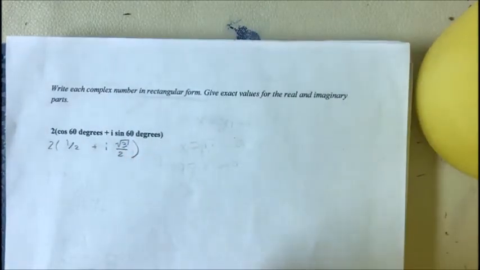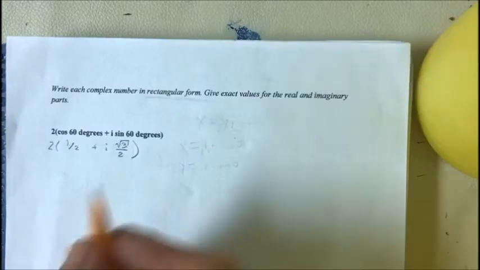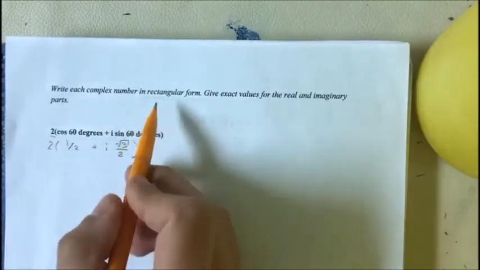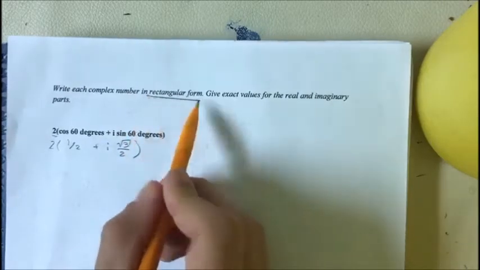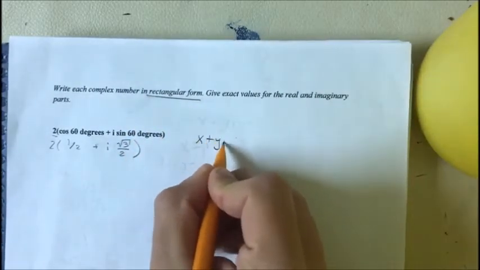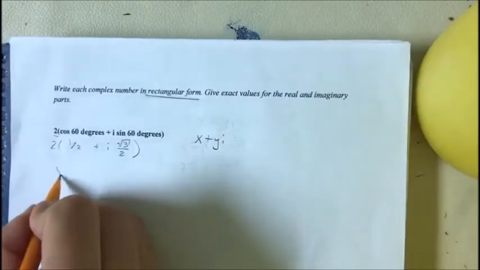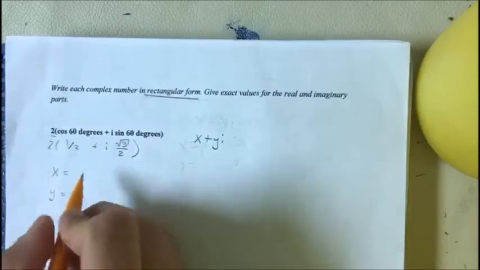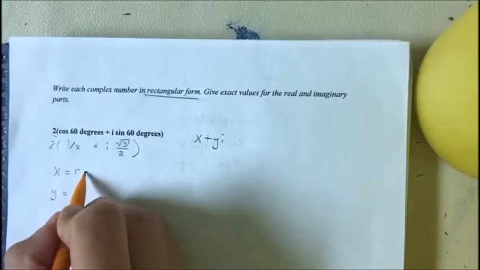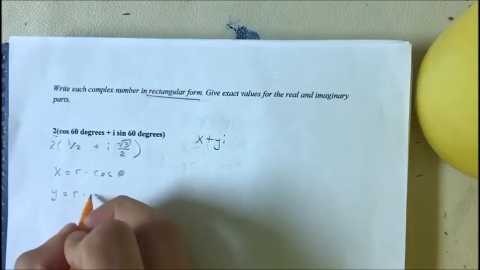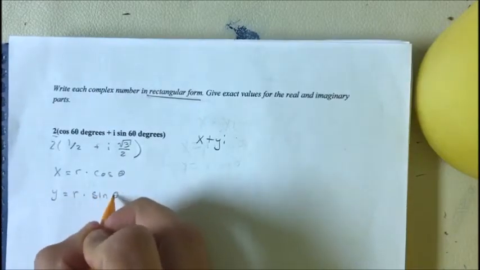For the relationships we had between r, x, and y, we need r, because trigonometric form has r right here, and we have to solve for x and y in order to get it into rectangular form. Again, rectangular form is x plus yi. So we need x and y. x equals r times cosine theta, and y equals r times sine of theta.